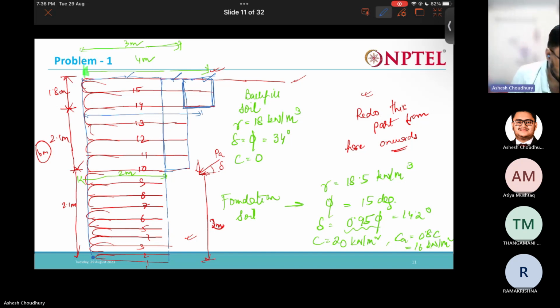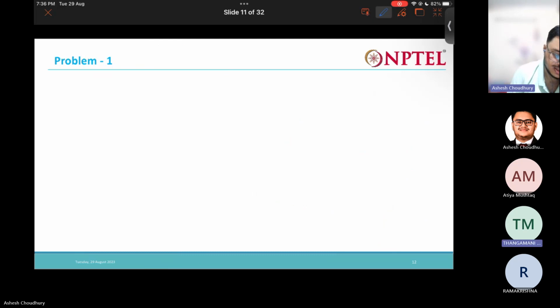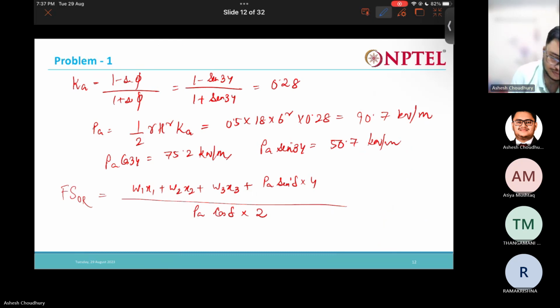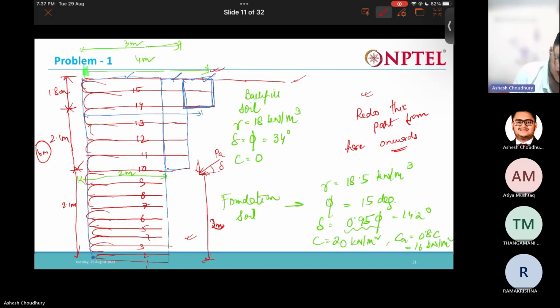All right, so now let us write. The first soil block is 6 meters high and the width is 2 meters. So 6 into 2 into 18, where 18 is the unit weight, into X1, which is 1. For the next one, the height is 3.9, from here to here.